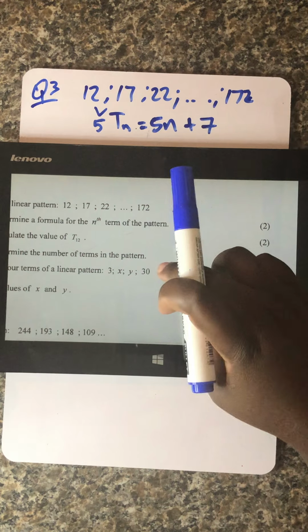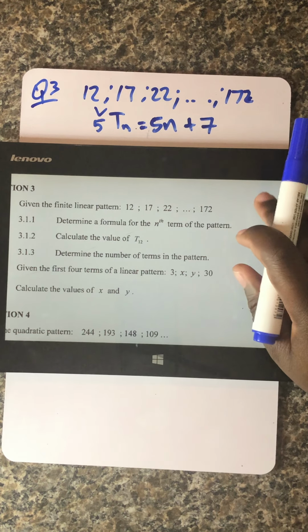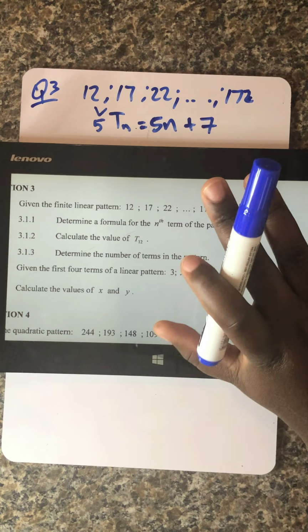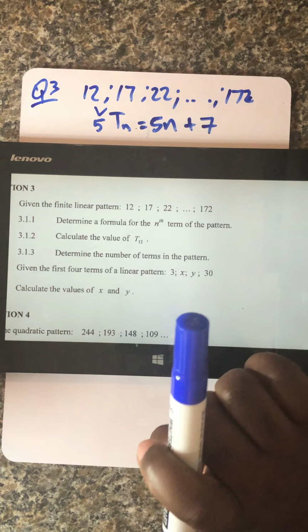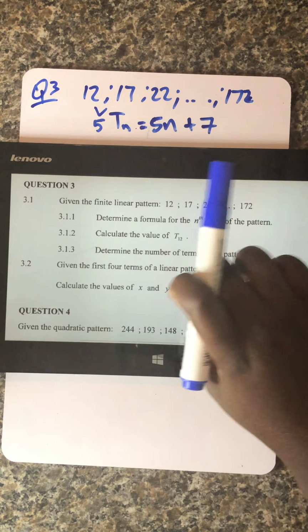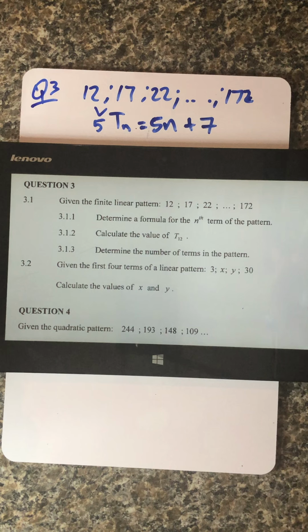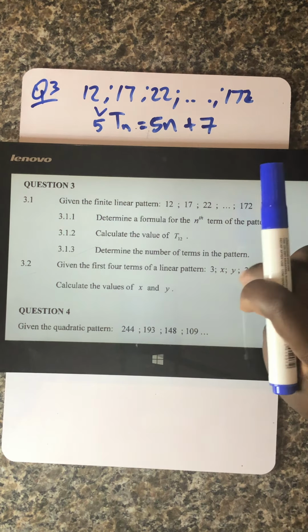This question is also allocated 2 marks. That means it's not that complicated. They just want you to show all the necessary steps. They're just testing your understanding here, guys. Very, very much important.